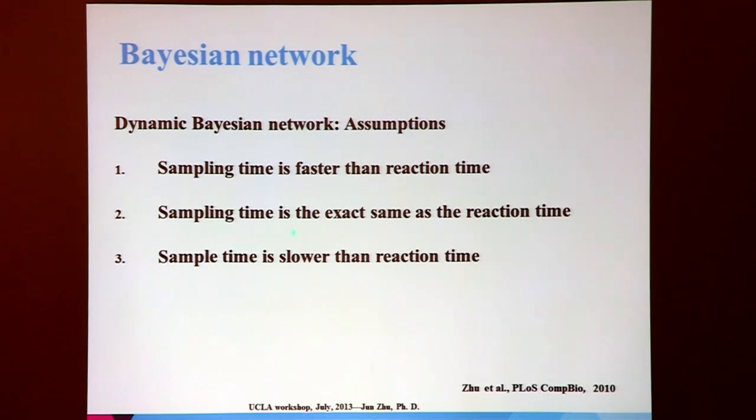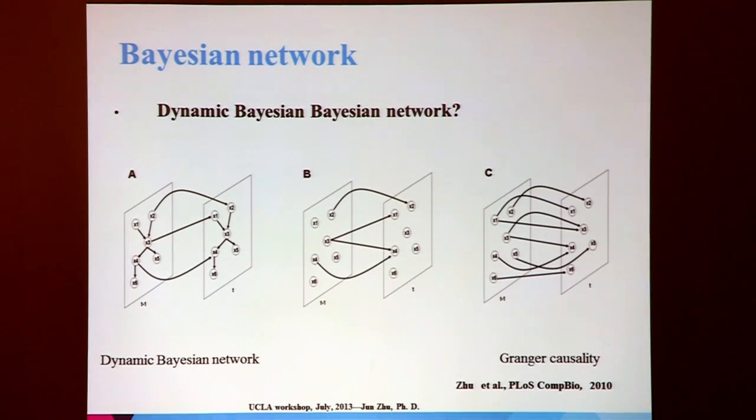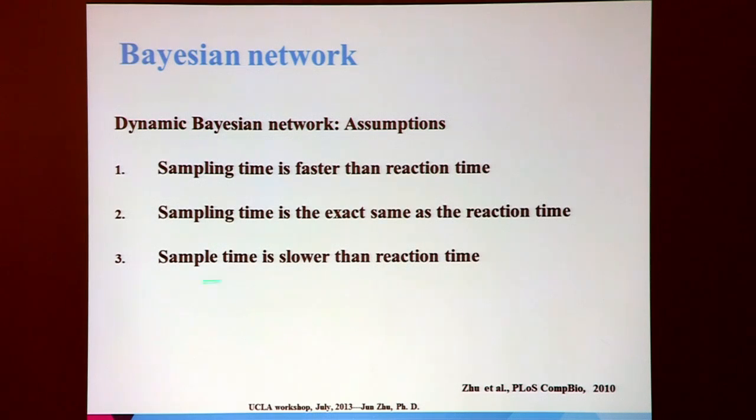So if your sampling time is exactly your reaction time, then the other form is okay. You can have something in the middle. You can use this form or a more general form. But in biology, if you don't have enough power to sample, most of the time we sample every few minutes, an hour, or a few days, but a lot of reactions happen in seconds.